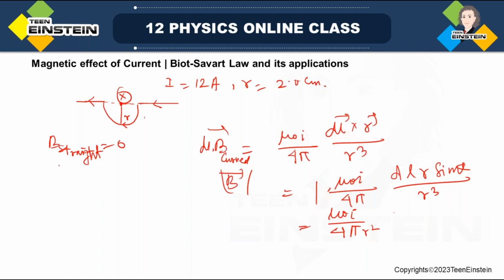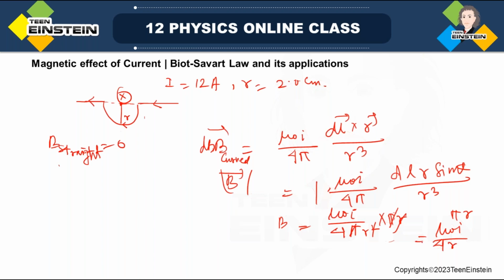So this is for dB, and if we integrate to get B, we have to integrate over dl. Dl will become pi r here. So you multiply pi r, pi and r cancel, so mu 0 I by 4 r.